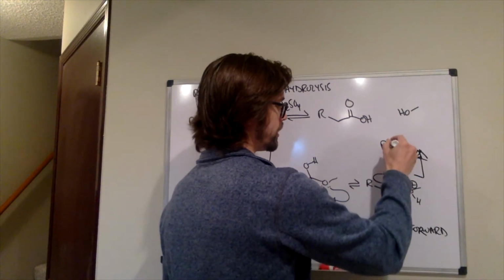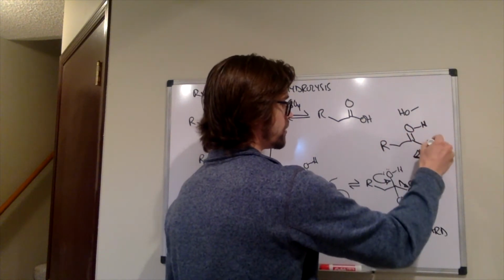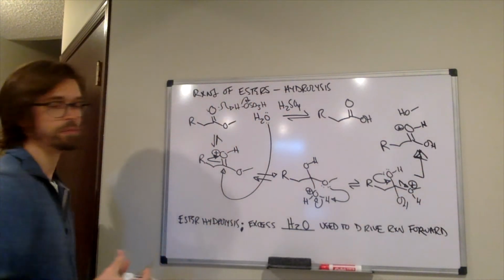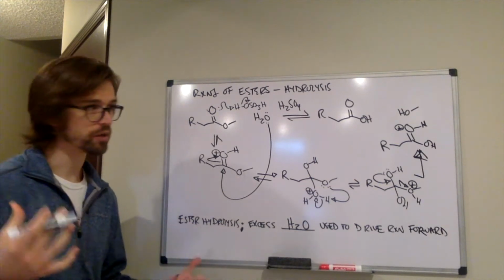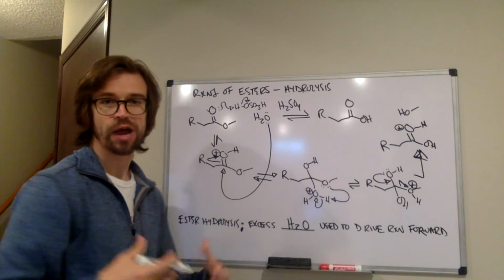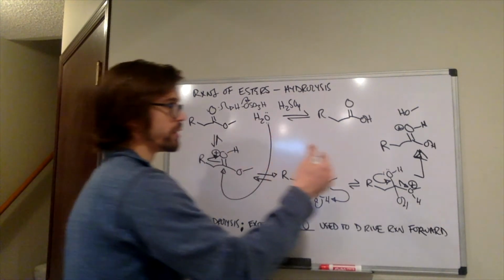What else would form is the protonated carboxylate, that oxonium ion. And at this point, again, any neutral oxygen could be used to deprotonate that acidic proton. What's around in the largest quantity? We're pushing the reaction that way, so the largest quantity is water.